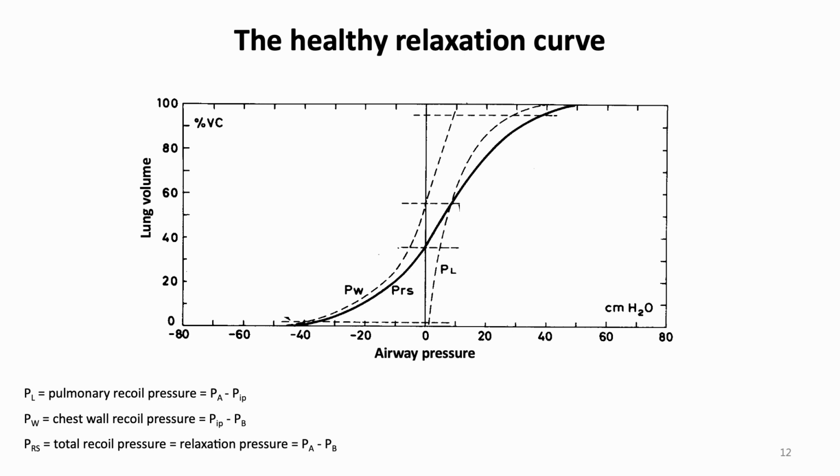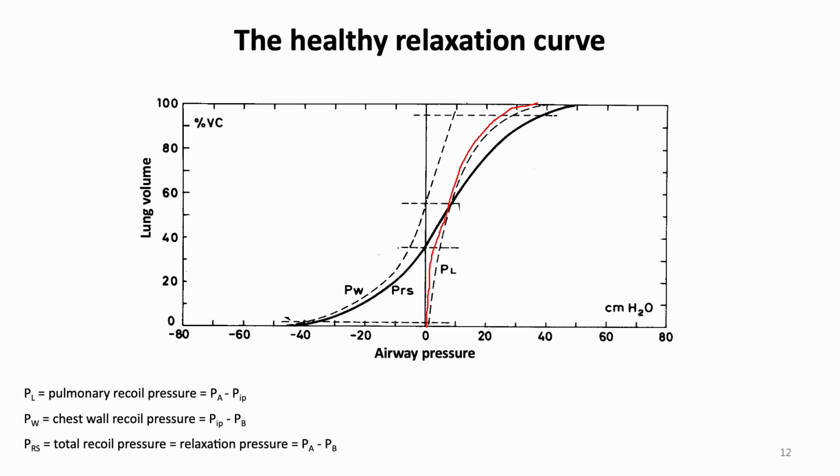This curve is in fact a function of two other curves. So that is this dashed curve here, this PL. That curve shows the pulmonary recoil pressure.